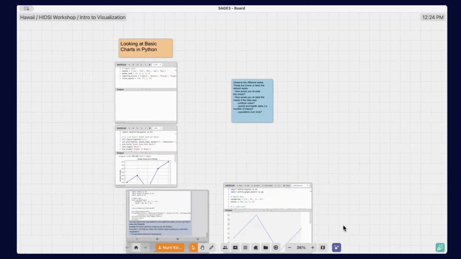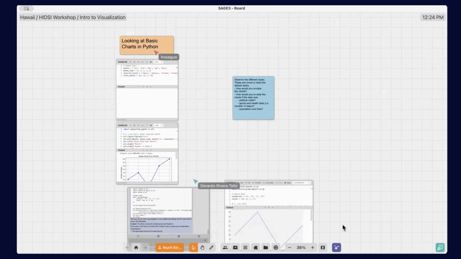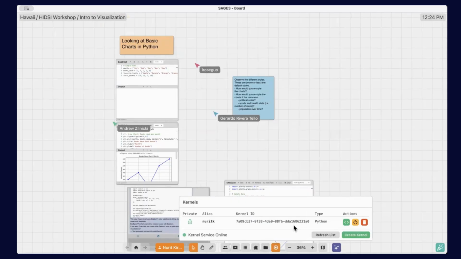So I kind of started this off. There's a cell. By the way, Sage cells can be started from the kernels. If you want, you can create a kernel for yourself. Over here, if you want, you can use my kernel. You can create a Sage cell.